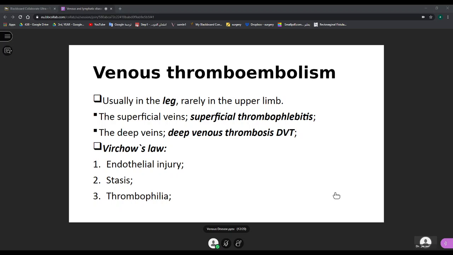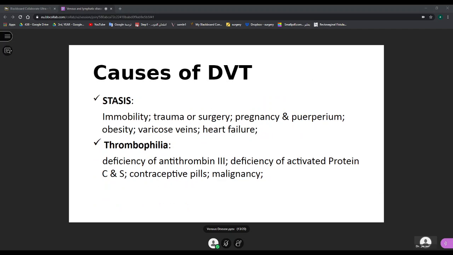So whether they are not moving for a long time after surgery, for example, or they are bedridden because of abnormal level of consciousness and so on. So stasis in general results into venous thrombosis. And these are just giving you more examples under each of these categories.